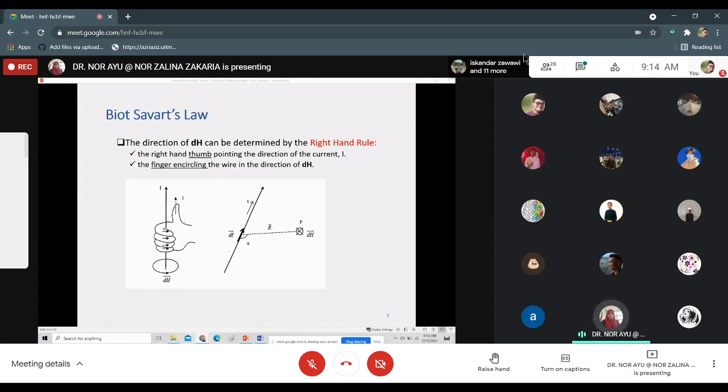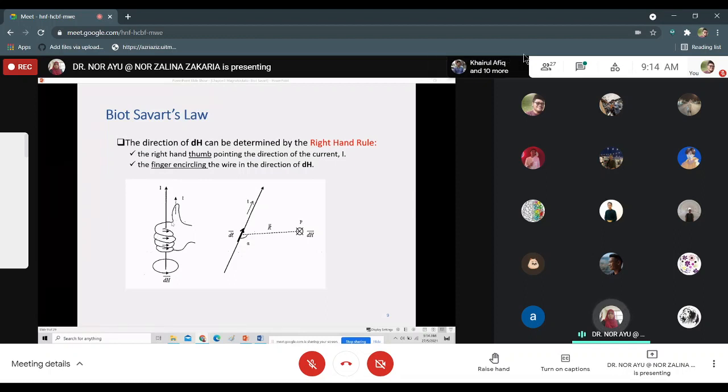The right hand thumb points in the direction of the current, and the fingers encircle the wire in the direction of H. So if you take your hand and do it like this, if the current is going upwards, your thumb shows the direction of the current, and your other four fingers show the direction of the magnetic field intensity.